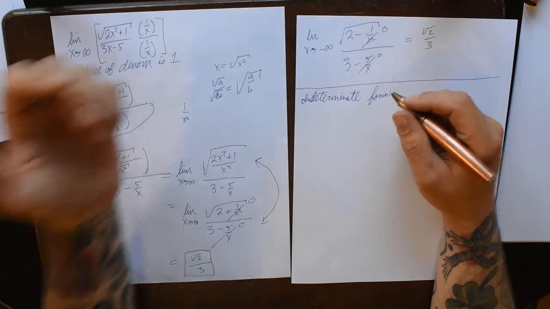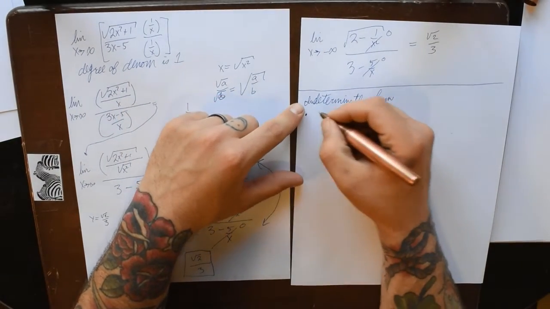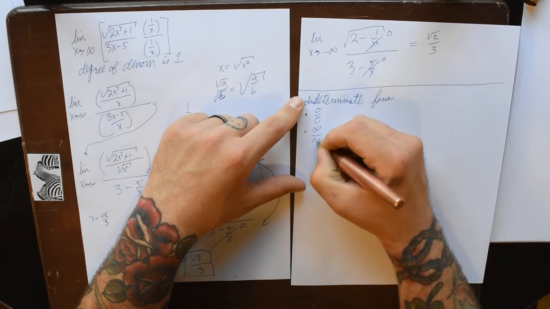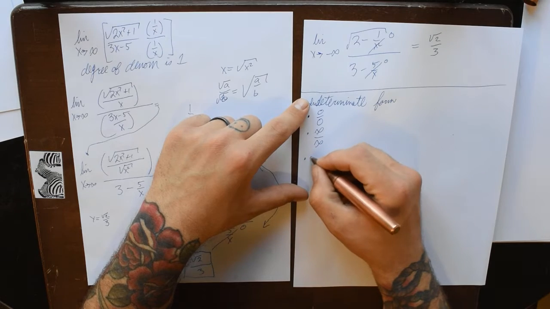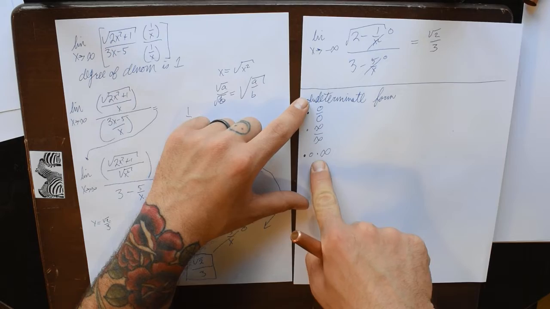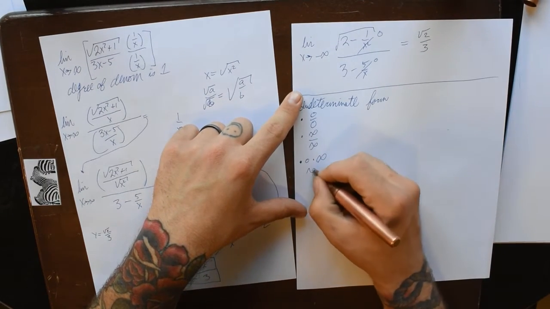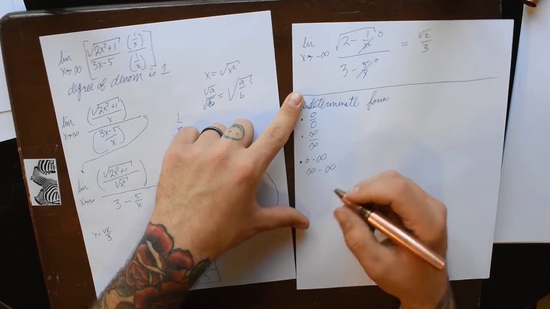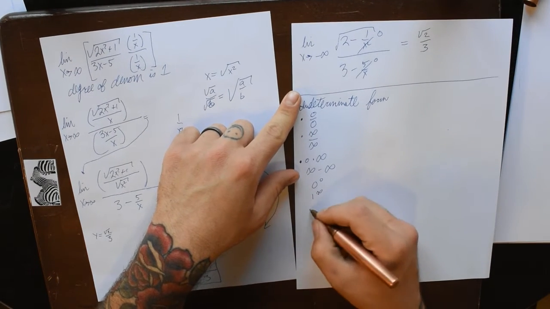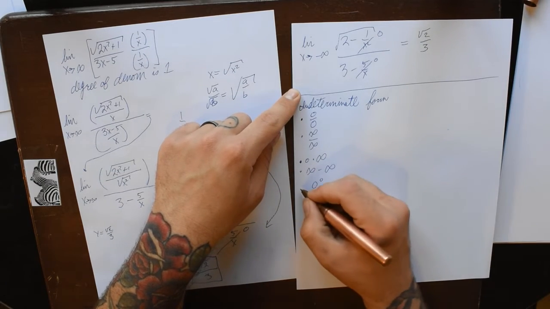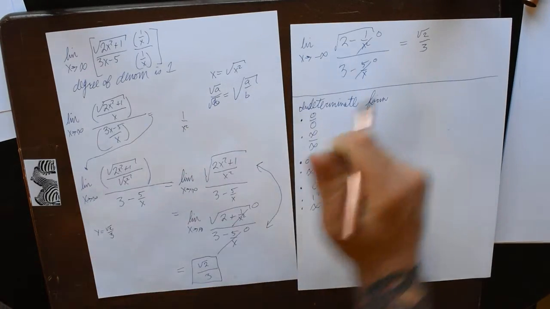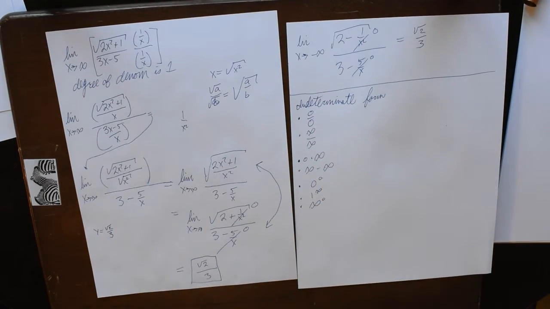Because we can't determine the value of anything of the form, say, 0 divided by 0, infinity divided by infinity, 0 times infinity, and these are bullets, and that's the multiplication dot, infinity minus infinity, 0 to the 0, 1 to the infinity, or infinity to the 0. We've got, I believe, 7 of them. 1, 2, 3, 4, 5, 6, 7. Perfect. So we have those 7 indeterminate forms.